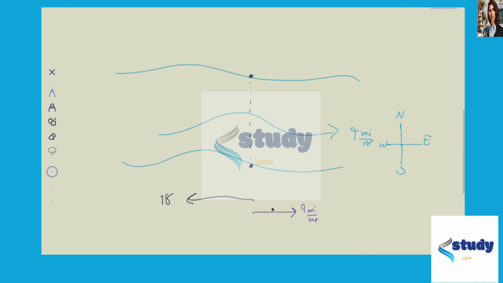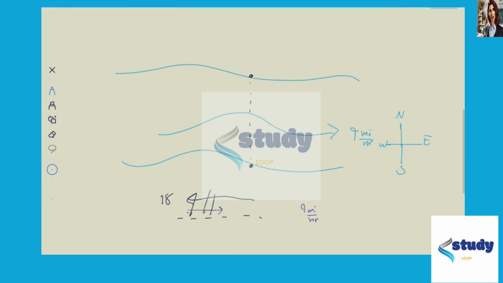So we take the river and do tip to tail with our boat. When we add these together, these parts are going to cancel, and this is our net velocity. It's going to be purely westward, but it's only going to be 9 miles an hour.